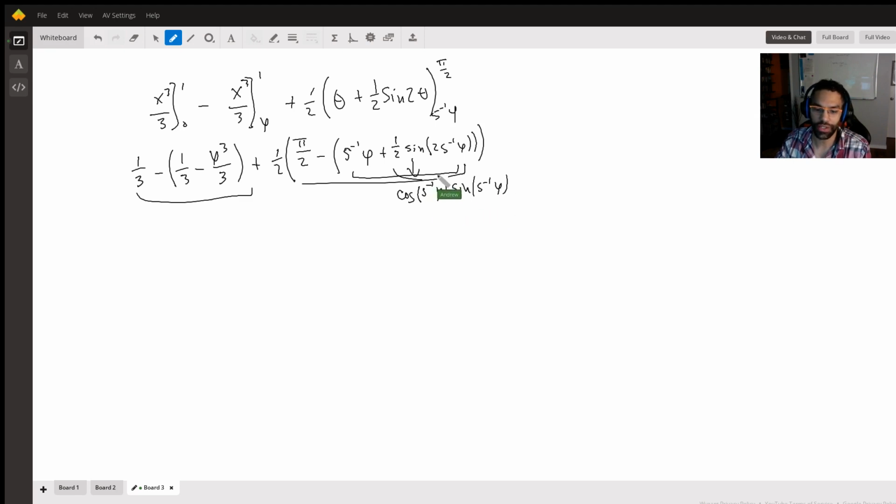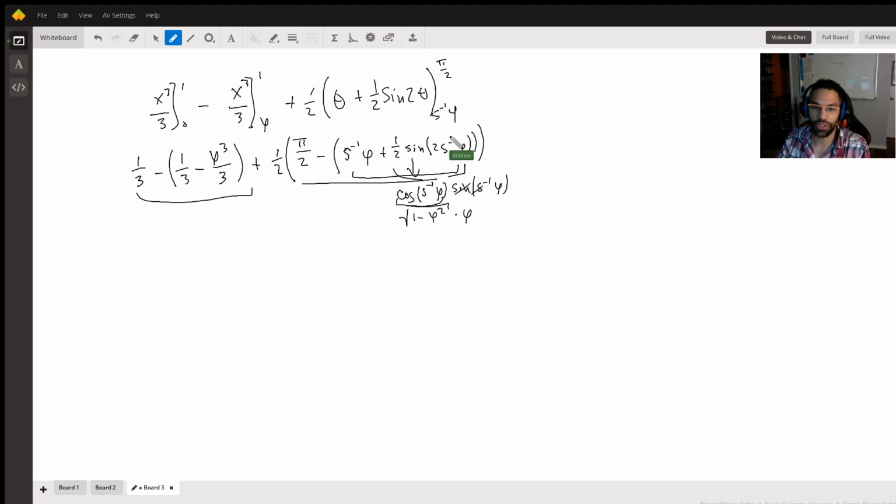Now there's also another identity that we can use here, because we have the cosine of the inverse sine of this one right here. There's an identity that says that this ends up equaling the square root of 1 minus this number here squared. And then, of course, since we have sine and inverse sine, those cancel, and we're just left with that, so we're multiplying that by that.